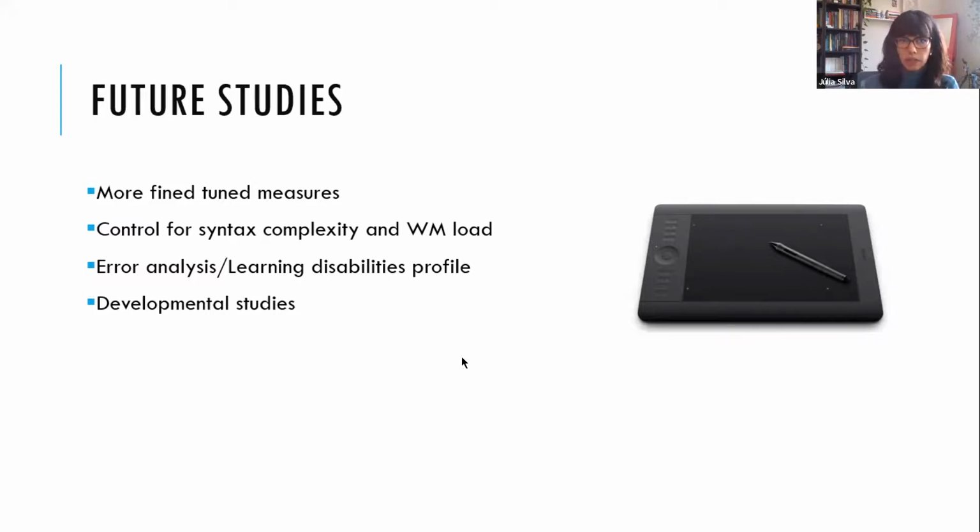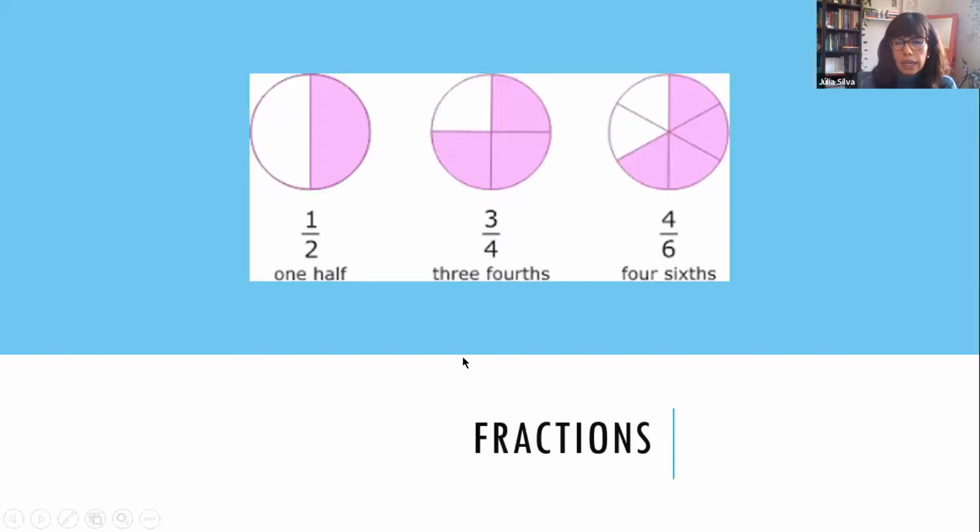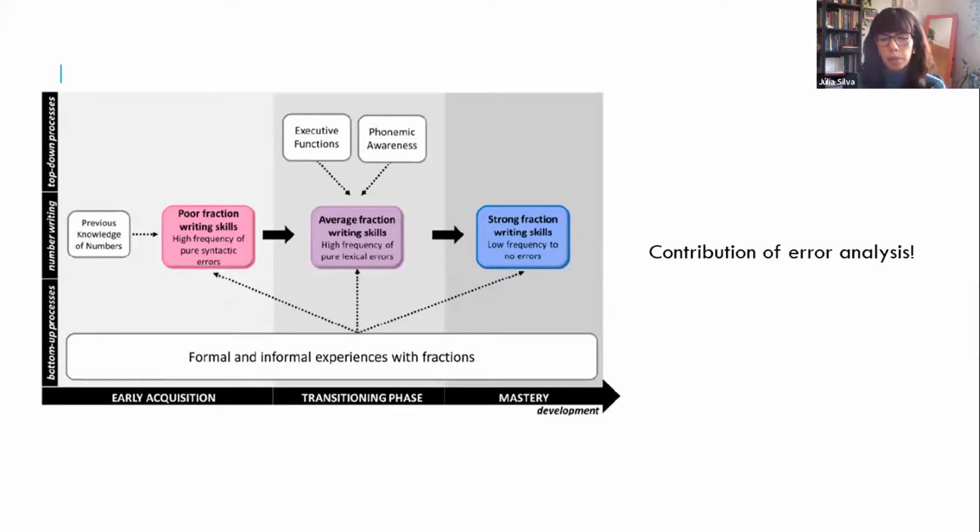units first, for instance. And at last, I'm going to comment on Bella's talk on fractions, which I believe is quite relevant, because many studies on number transcoding work with whole numbers. So it's interesting to see that Bella proposed this developmental model.